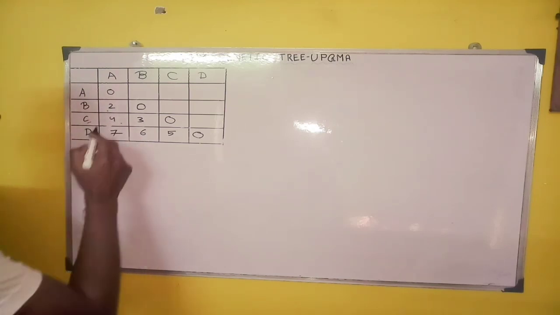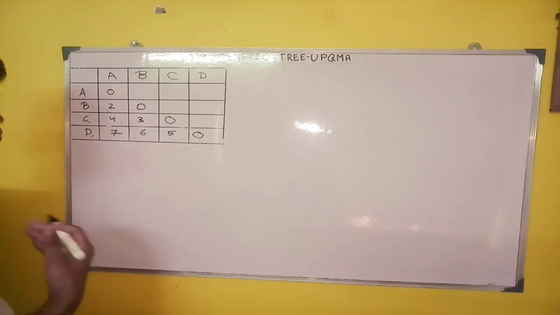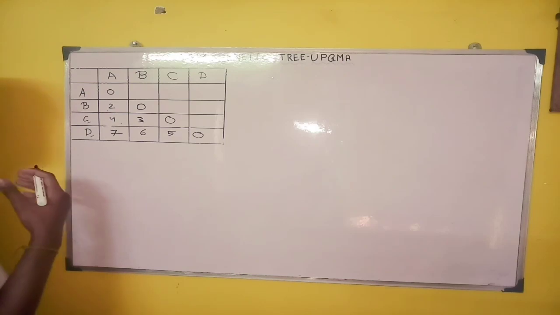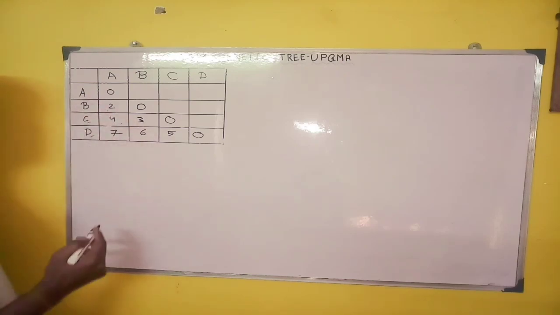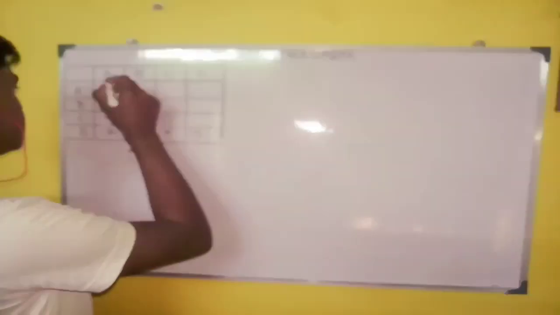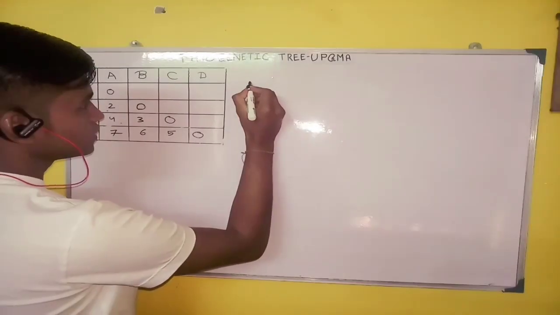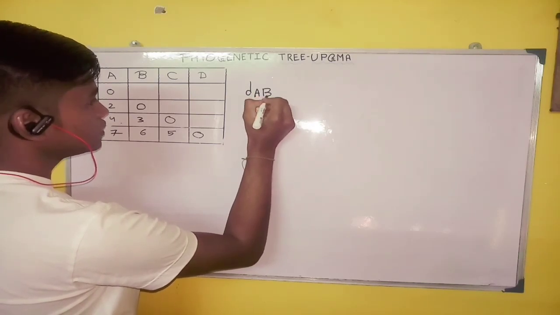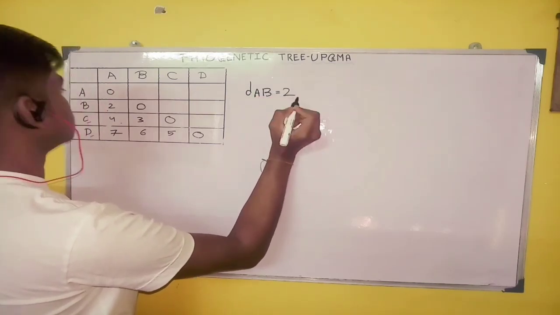That means 2 is the lowest distance, and it lies between A and B. So we'll start to create our phylogenetic tree with A and B. The distance of A and B is 2.